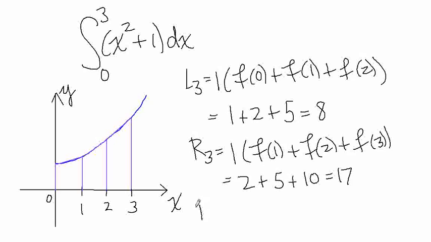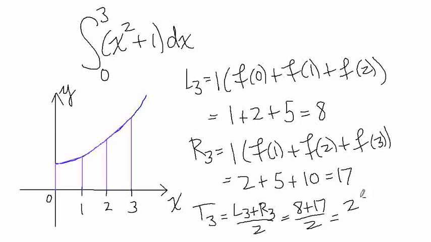And so the trapezoidal approximation would be the average of those 2 values. So 8 plus 17 divided by 2 would give 25 halves.